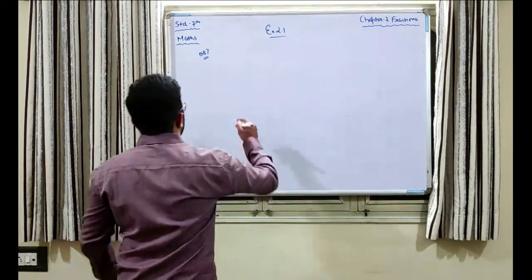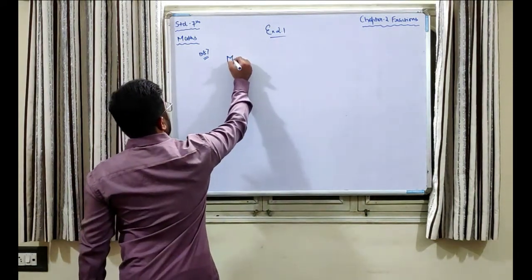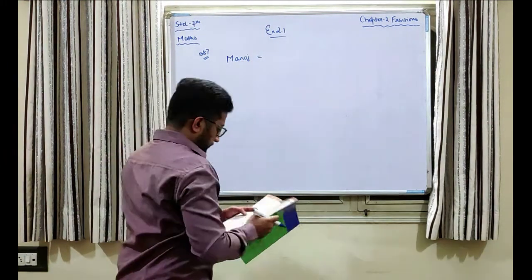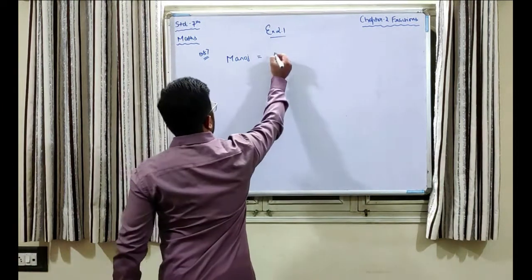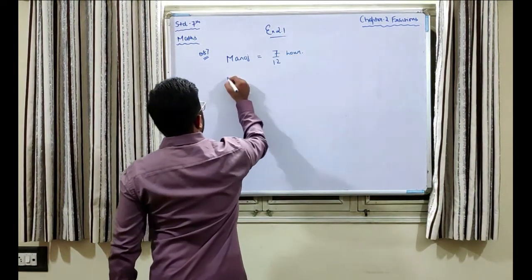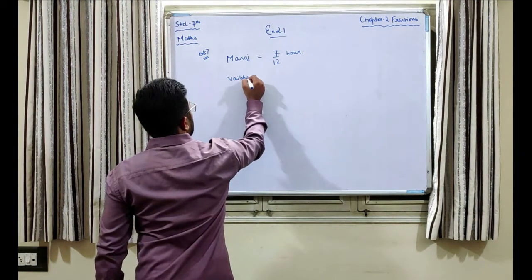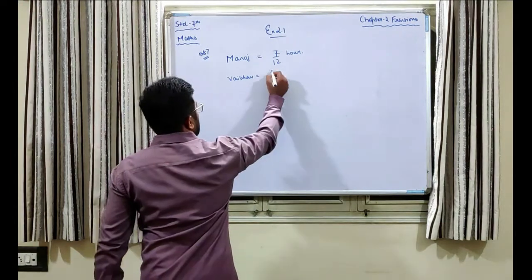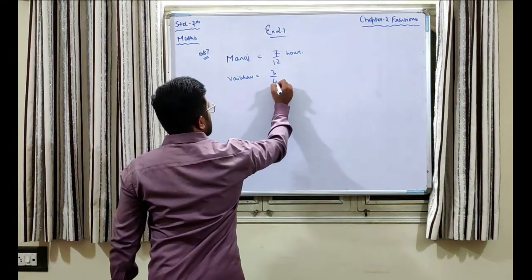So first of all, let us write down the facts. Manoj took 7/12 hour for completing a coloring work, and Vaibhav took 3/4 hour for coloring a painting or something which is given in the question.